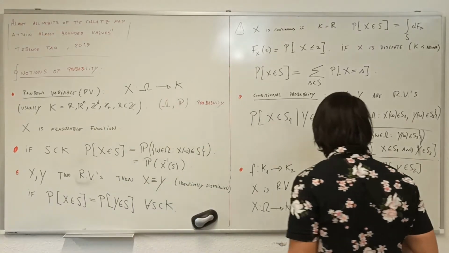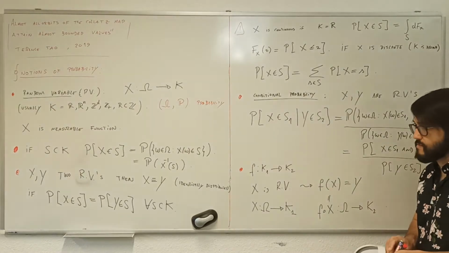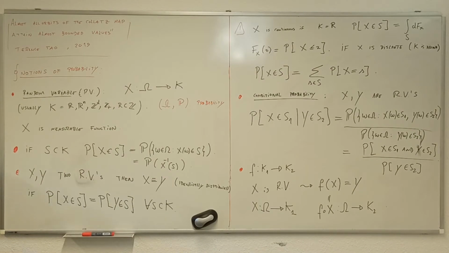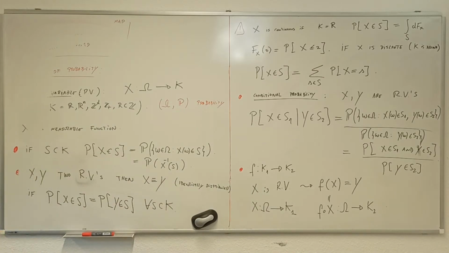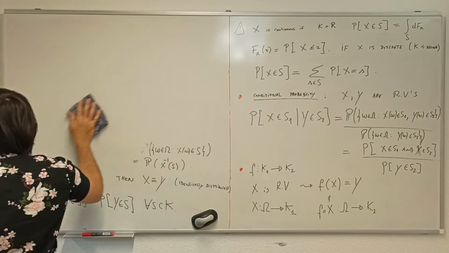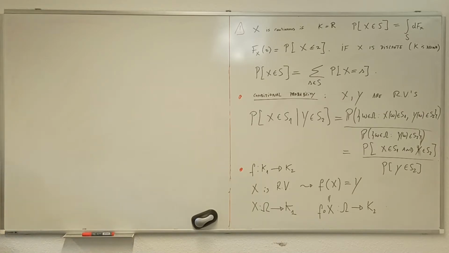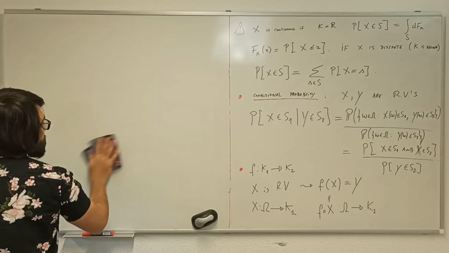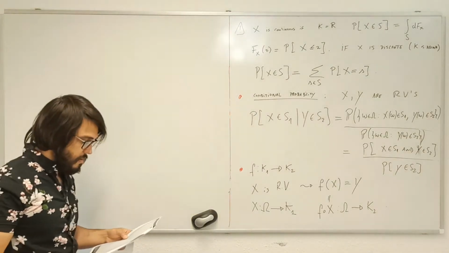Then you can define this new random variable, which would be just a function mapping from omega to K2. Okay, so you can do that.